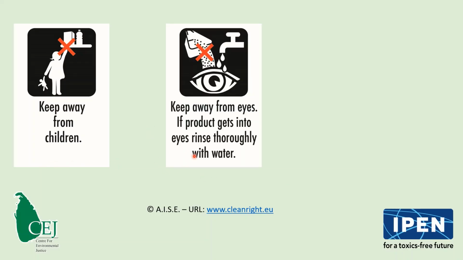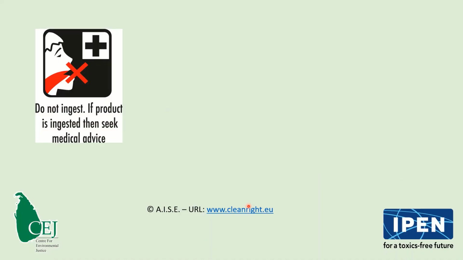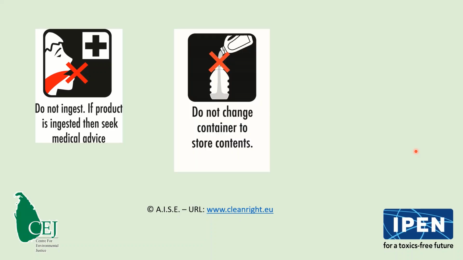This one here is to say keep away from eyes, and in case if it gets into your eyes, rinse thoroughly with water. This icon here says to rinse hands after use. Do not ingest, and in case if you did, seek immediate medical advice.